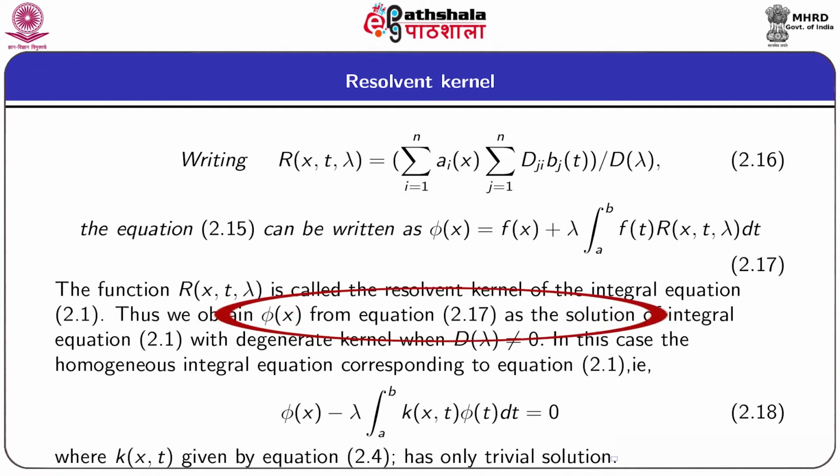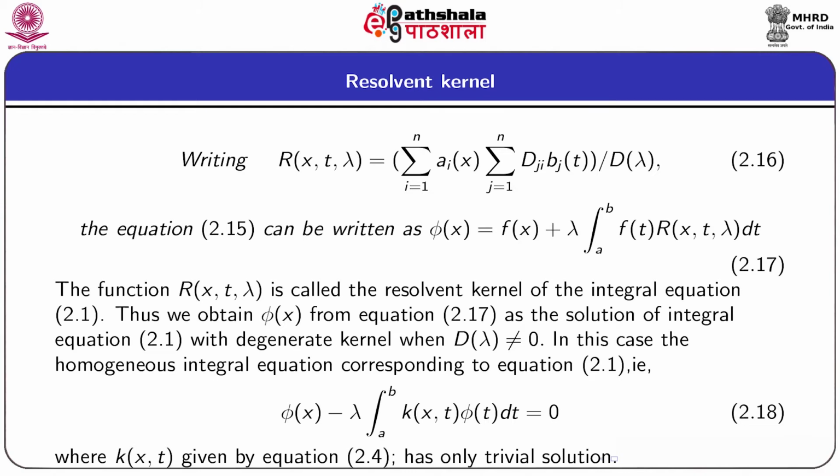So phi(x) from equation 2.17 has been obtained as the solution of integral equation 2.1 with degenerate kernel when D(lambda) is not equal to 0.